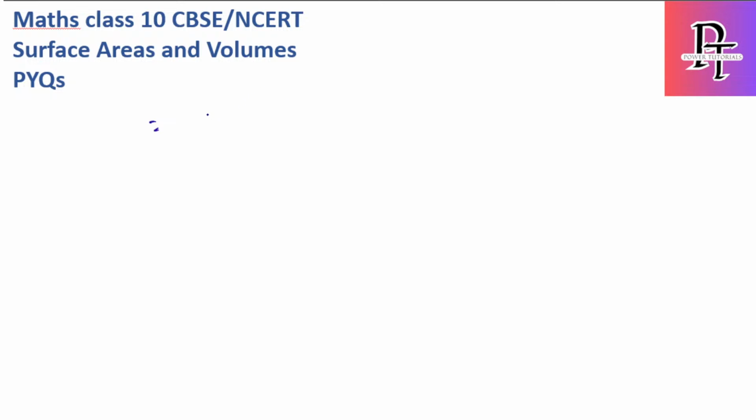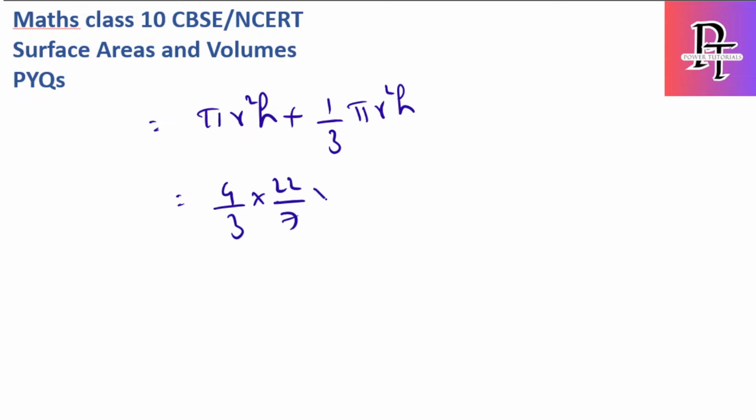Volume of cylinder is pi r square h plus cone is 1 by 3 pi r square h. So simply I will do 1 plus 1 by 3 is 4 by 3, so 4 by 3 into 22 by 7 into radius 14, again 14.